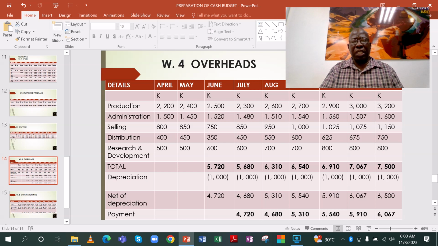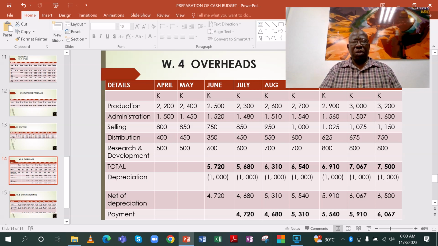So we remove 1,000 from each of these totals, and we end up with a net of depreciation figure of overheads per month. In June, 4,720. In July, 4,680. In August, 5,320, and so on and so forth. These are the net amounts of overheads.